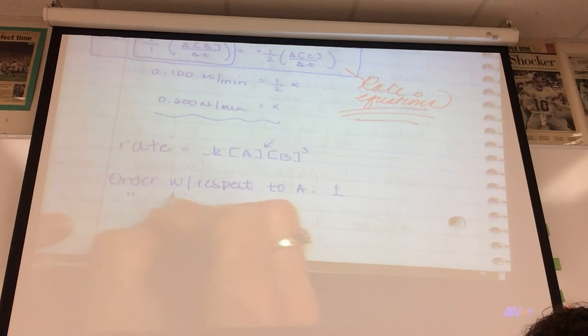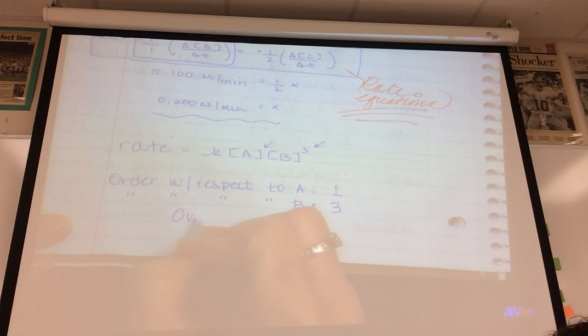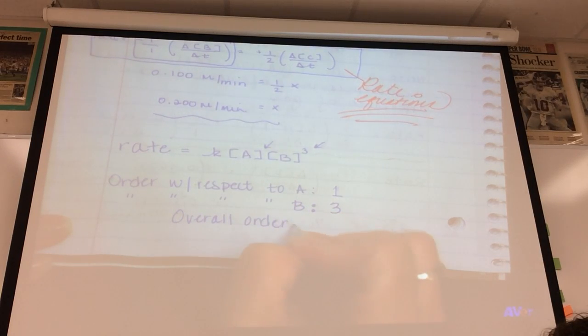The order with respect to B would be what? 3. The overall order is the sum of the exponents. 1 plus 3 is 4.